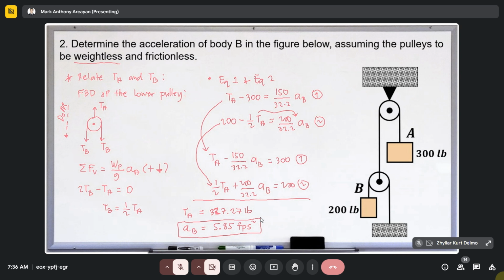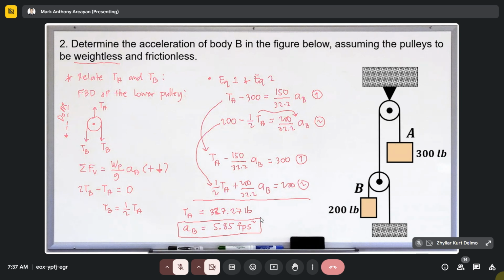Instead of 300 or higher, we use a lower value, which is 200 pounds, as shown in block B. And this slightly smaller value still has the capability to pull a weight which is larger than our input force, and we still achieve an acceleration, in our problem here equal to 5.85.